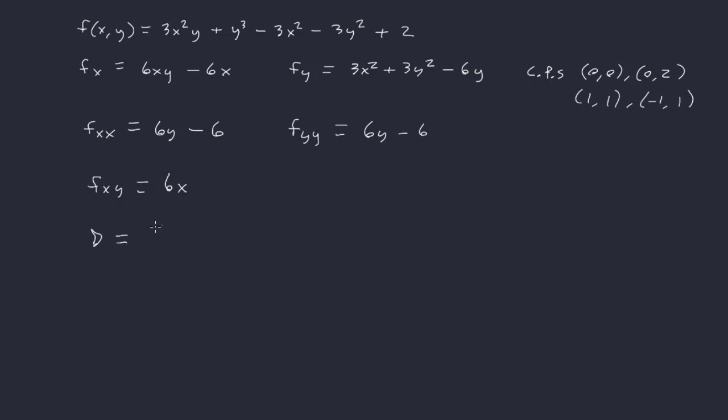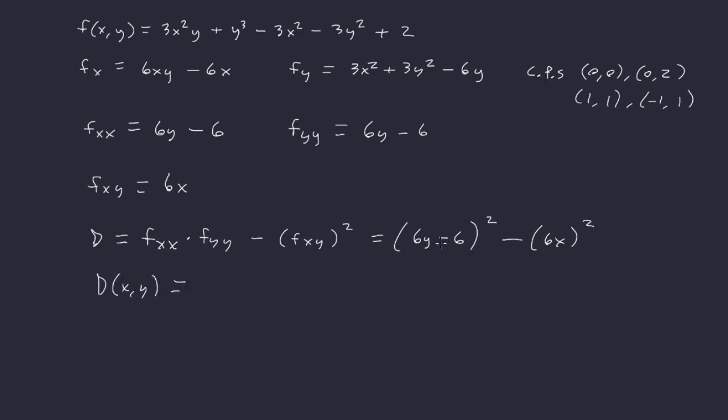Then from here, we can make our D, which remember was f sub xx times f sub yy minus f sub xy squared. So it's going to be these two things multiplied together. Since it's the same thing, that will be 6y minus 6 squared, then minus this squared, which will be 6x all squared.